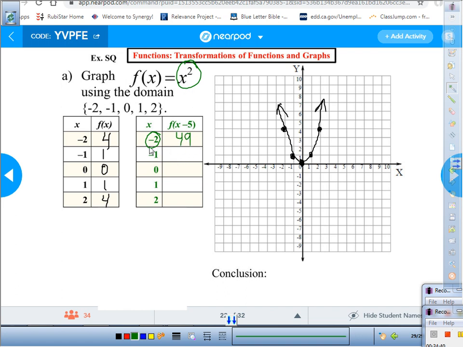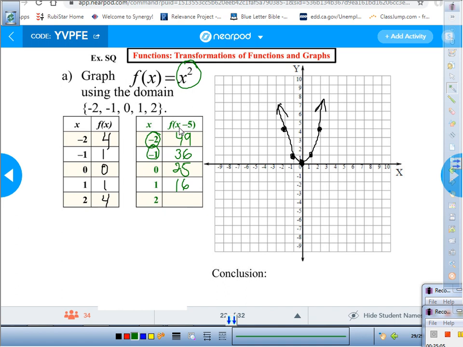Next one. What is -1 minus 5? -6. What is -6 squared? 36. 0 minus 5? -5. What is -5 squared? 25. What is 1 minus 5? Negative 4. What is negative 4 squared? 16.